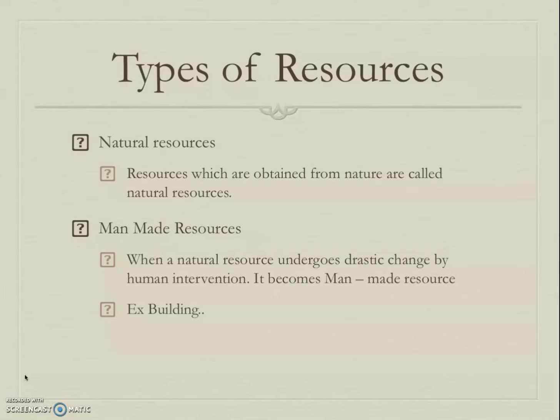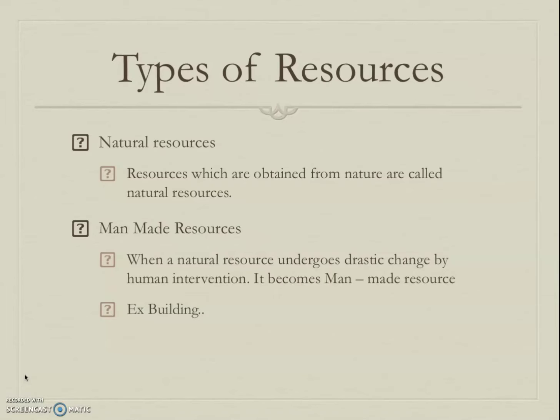So a resource we use without modification is called a natural resource. Man-made resources: when a natural resource undergoes drastic changes by human intervention, it becomes a man-made resource. So when a natural resource is modified by man, it is called a man-made resource.